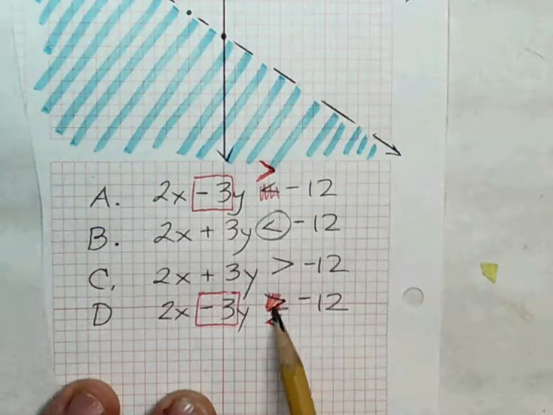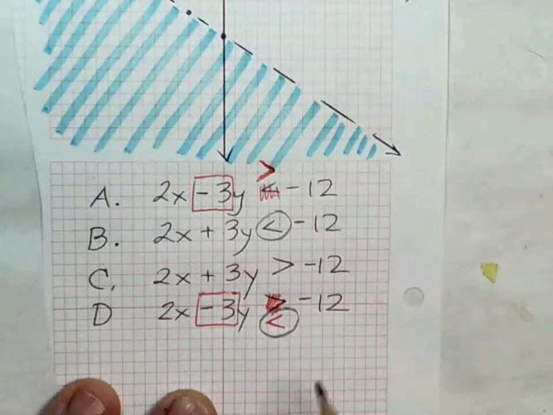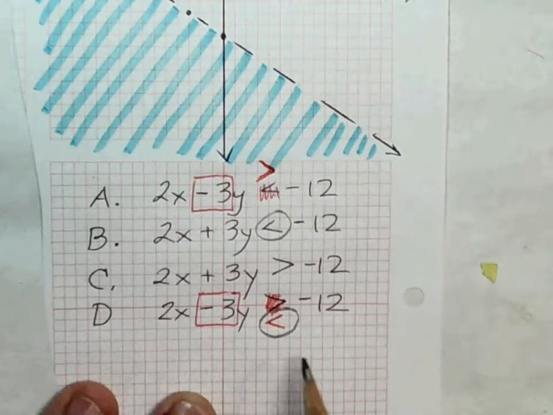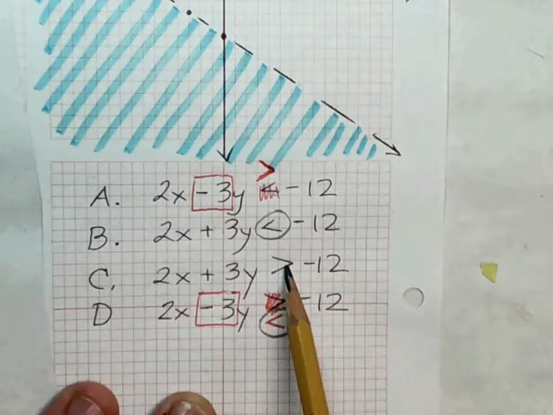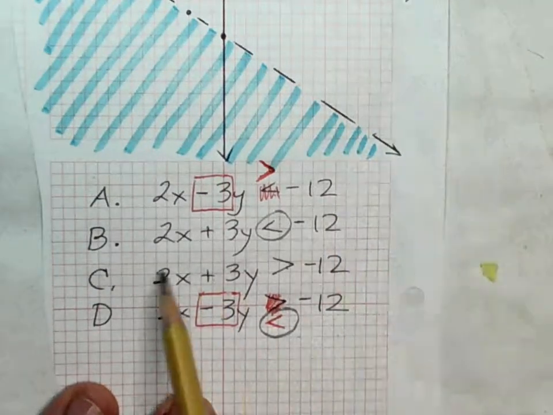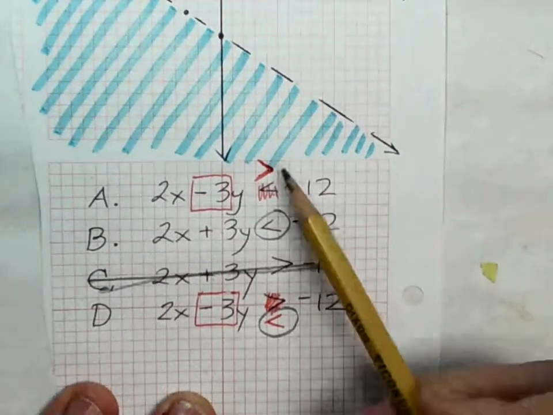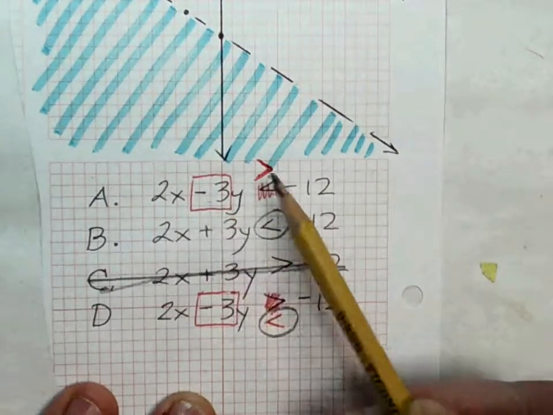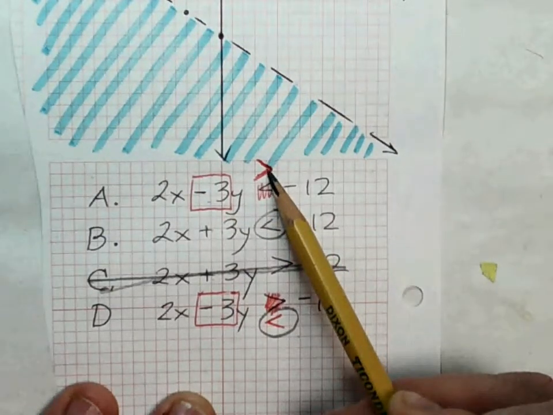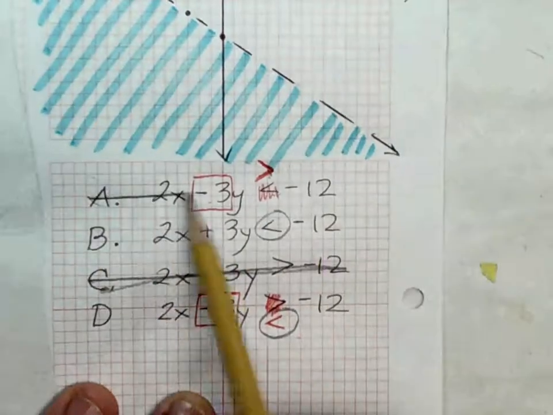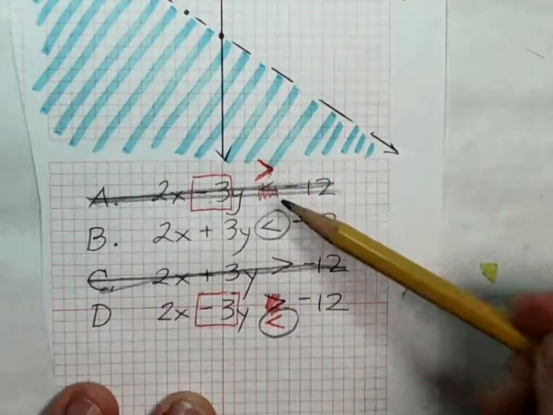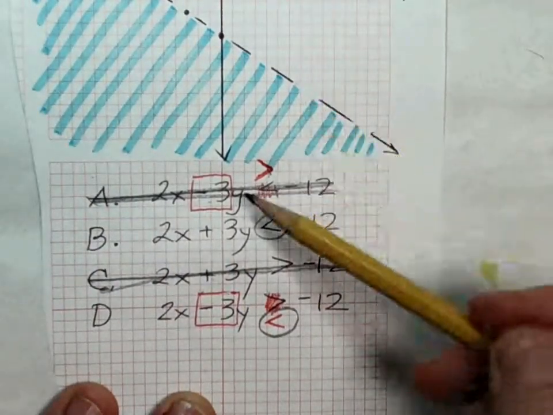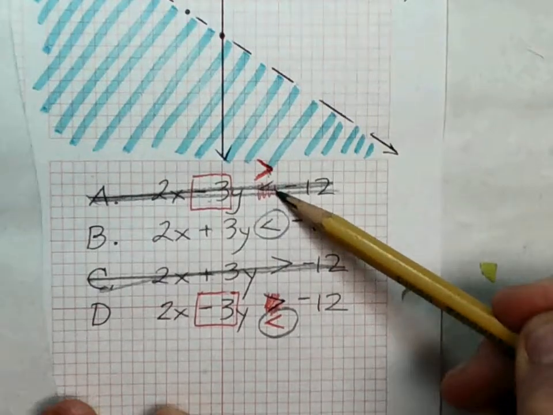But now D is also a possibility because it is now switched to less than. This one is greater than, it'll stay greater than, it shades above. I don't want that one. This one, when I solve for y, will shift to a greater than, shading above. I don't want that one either. You notice they put that one first with less than. They're trying to trick you. They're trying to get you right there.